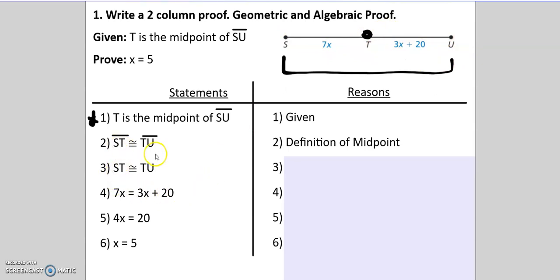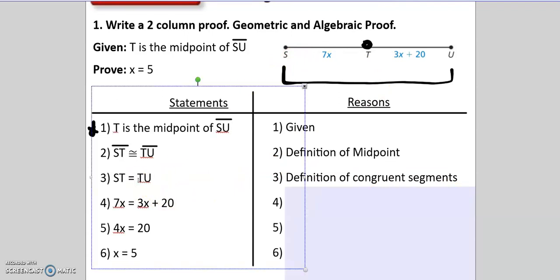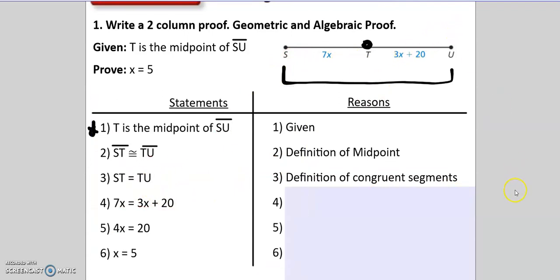Now we can say more than the segments are congruent, we can talk about the lengths of the segments. By definition of congruent segments, ST is now equal to TU, okay? Congruent segments mean they have equal lengths, okay?